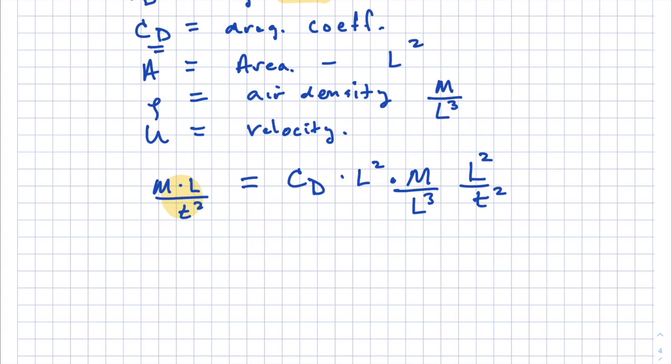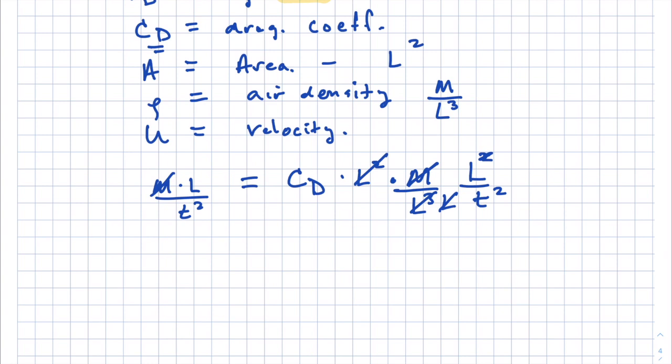Let me clear the highlighted parts and let's divide things out. So a mass here cancels here. L squared cancels two of these, and I just have one L left, which cancels with one of these.